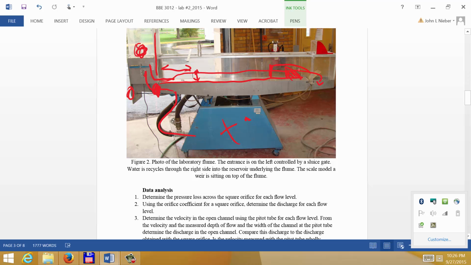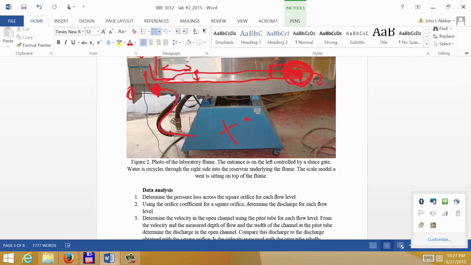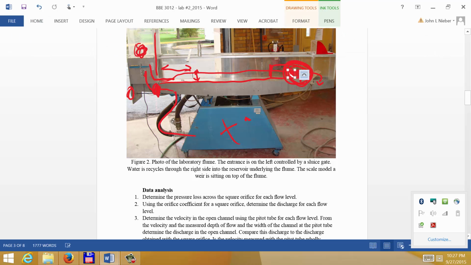In addition to this, on your diagram you'll see that there's a Pitot tube located right at this location. It's hard to see it now because I've kind of covered it over. I'm going to try to get it back here so we can actually see it.